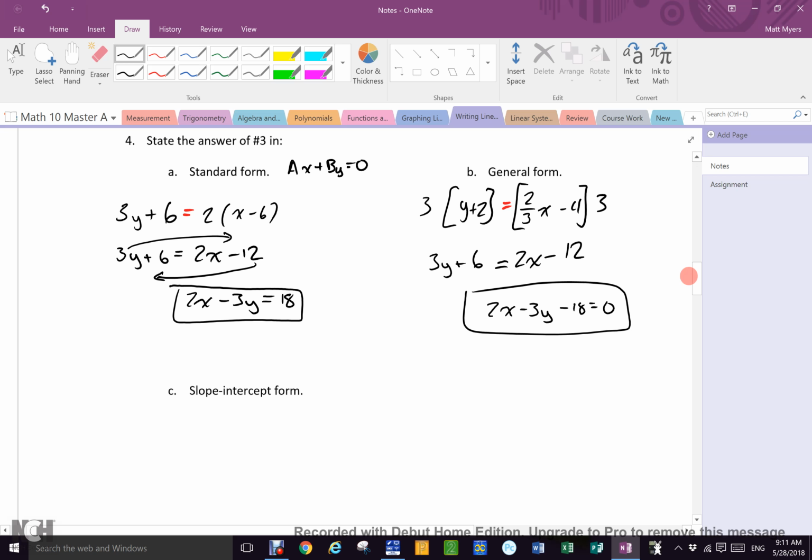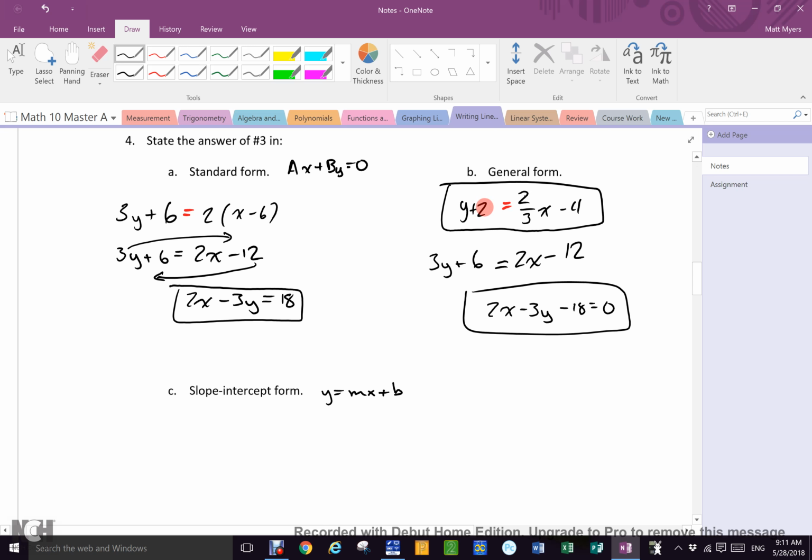Now, please notice that if you did this side of the room's move, because you guys in the back corner wanted to get rid of the brackets first, what do you almost have there in the very first step? Slope-intercept form is mx plus b, right? As soon as y is by itself.